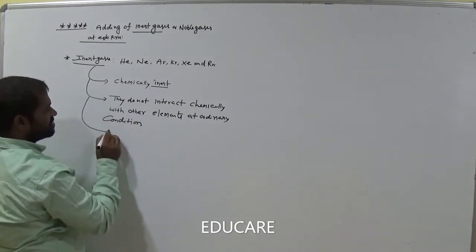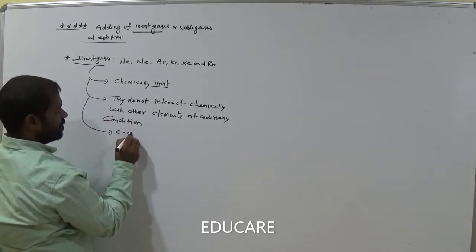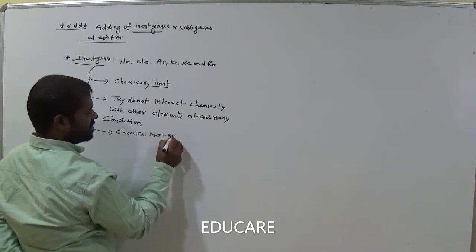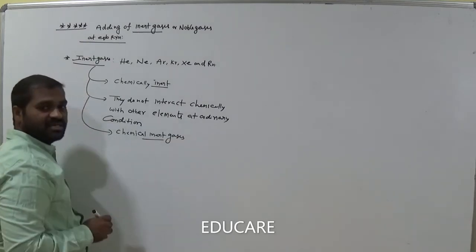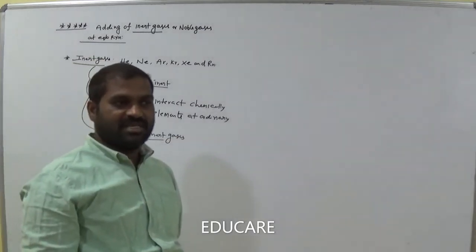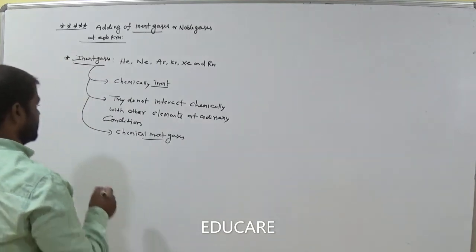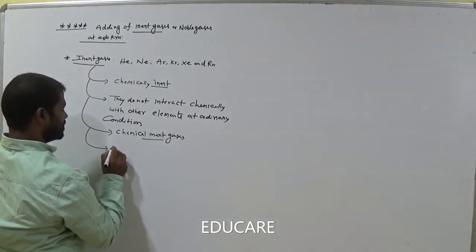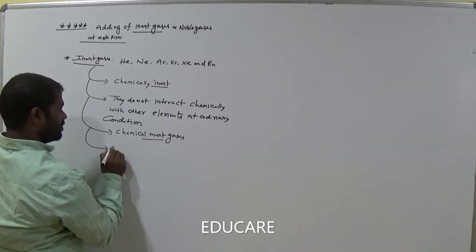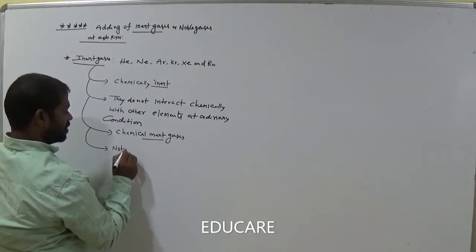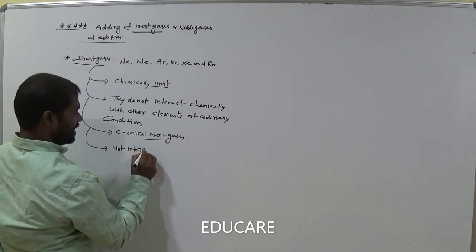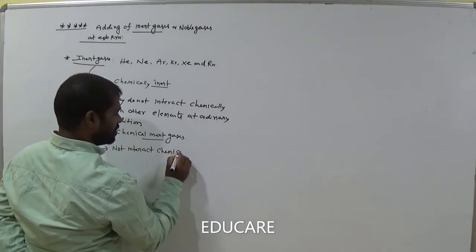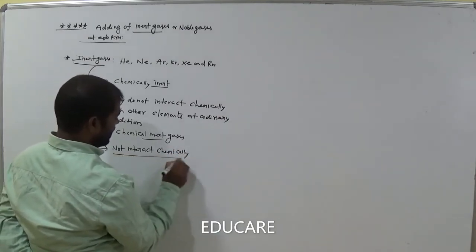So these are called chemically inert gases. Inert means they are unable to react with others. They are unable to participate in chemical reactions. So inert gases means they do not interact chemically. Remember this.